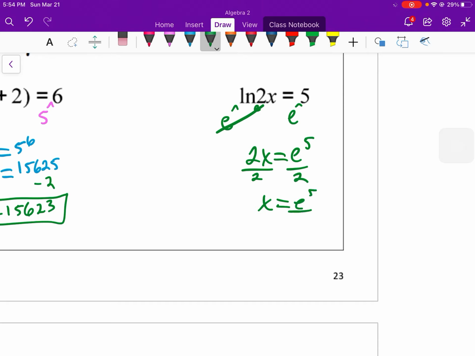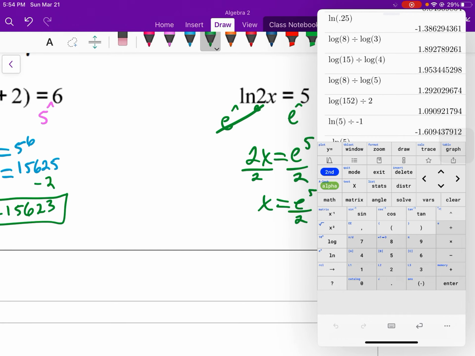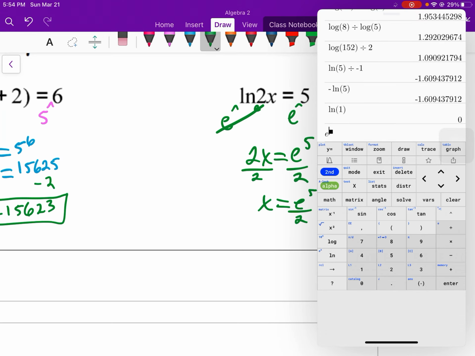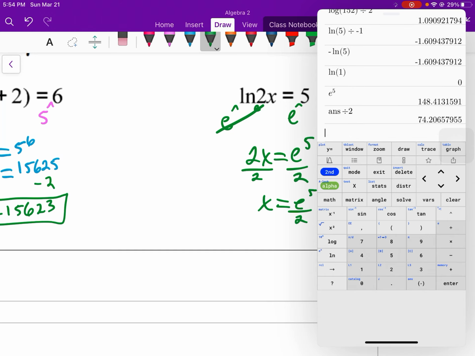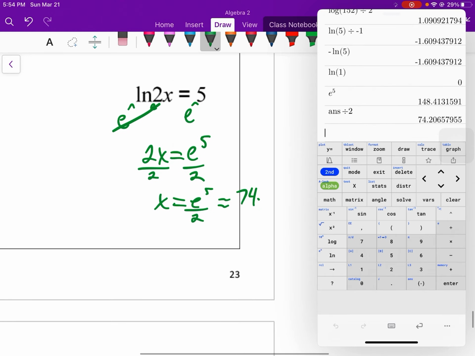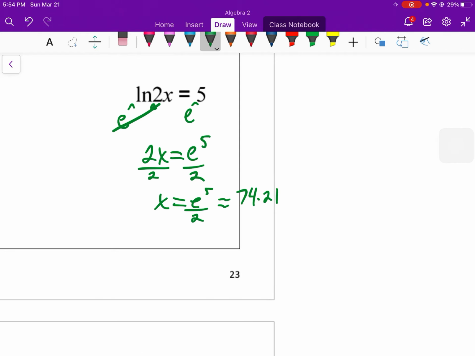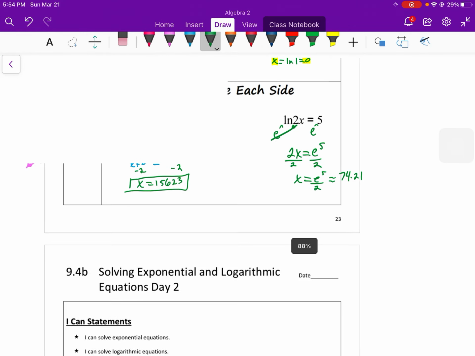And so we get e to the 5th divided by 2 is approximately 74.21 when rounding to the nearest hundredth. Okay, that looks like it.